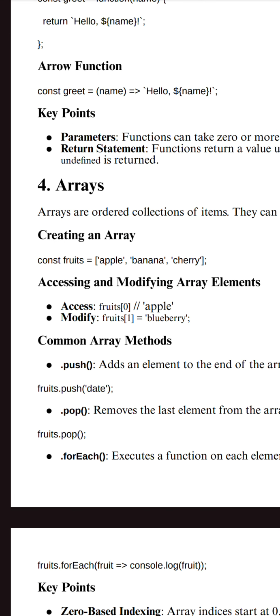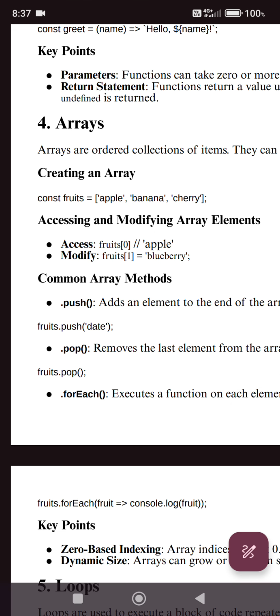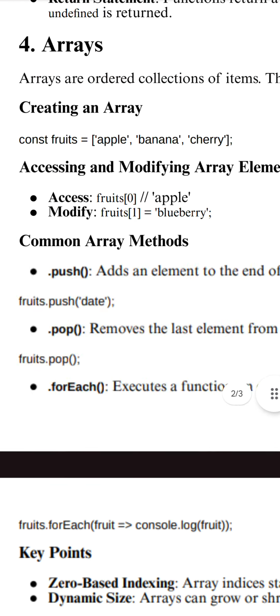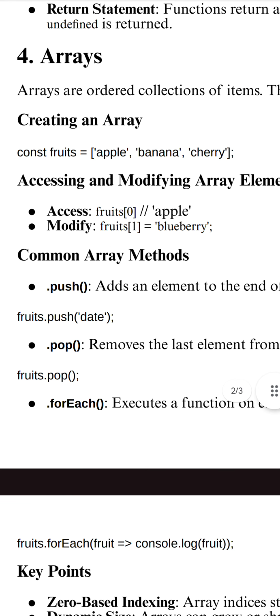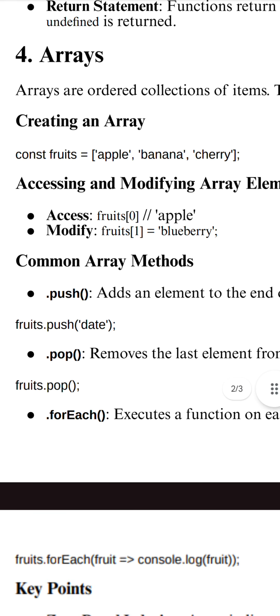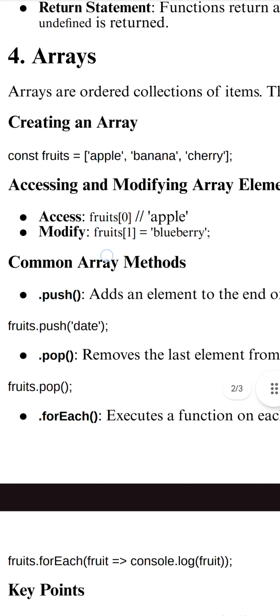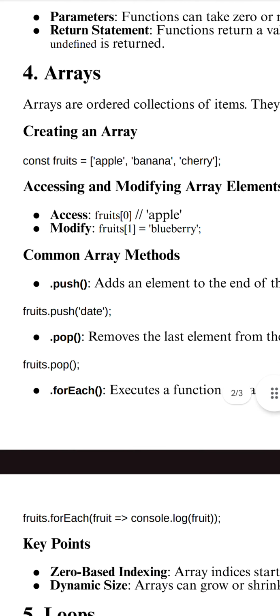We can access or modify array elements as shown. So here for accessing, fruits of index 0 returns apple, and this next one, fruits of index 1 equals blueberry. If we give this, blueberry will replace banana there. We can modify in that way.